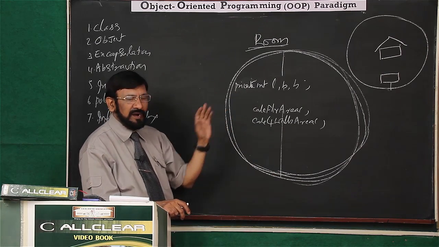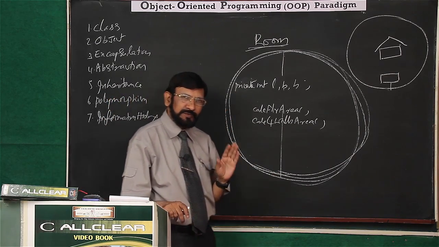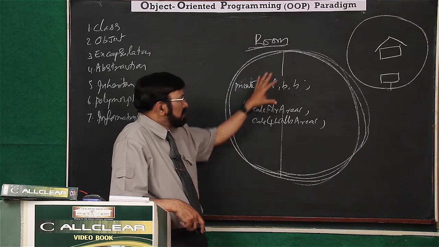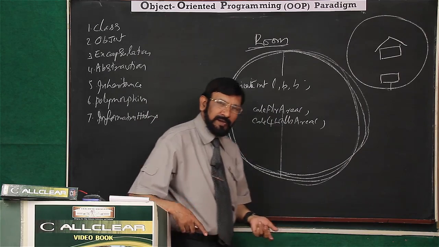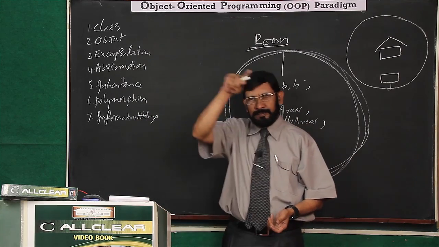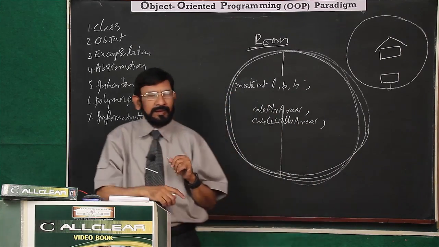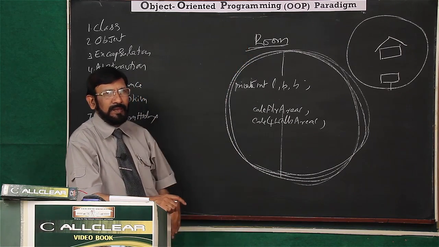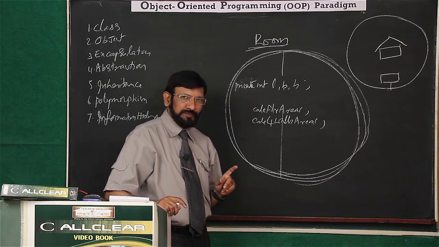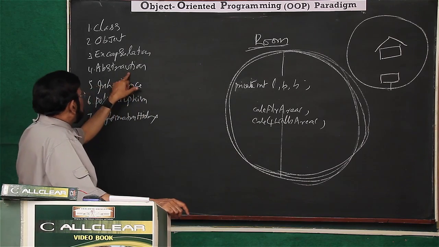That process is called encapsulation. Encapsulation means it integrates data and functions which act upon the data as a single entity, packages them as a single entity with an identifiable name. Hereafter, it is called a room. Okay, that is encapsulation. Next, abstraction.